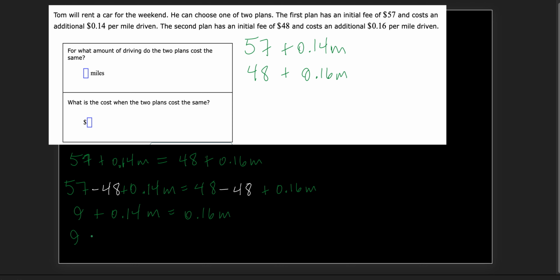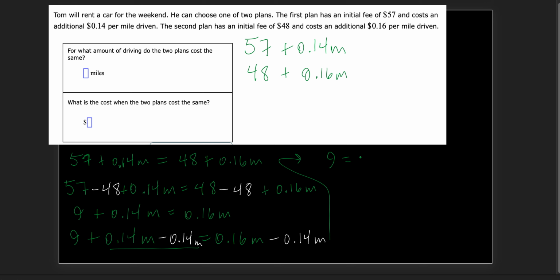Now I need to subtract that 0.14 m from both sides, so it'll appear on the right side. So minus 0.14 m, subtract that 0.14 m from both sides. So that'll be 0, and I'll have 9 left equals 0.02 m.